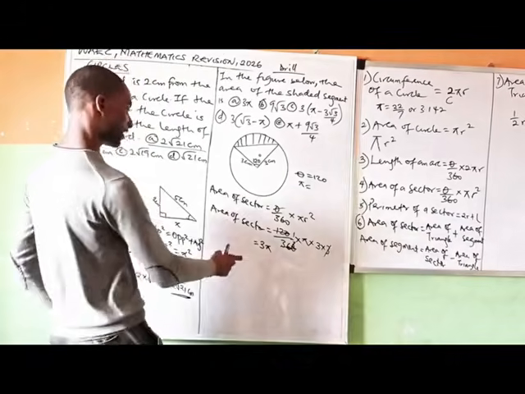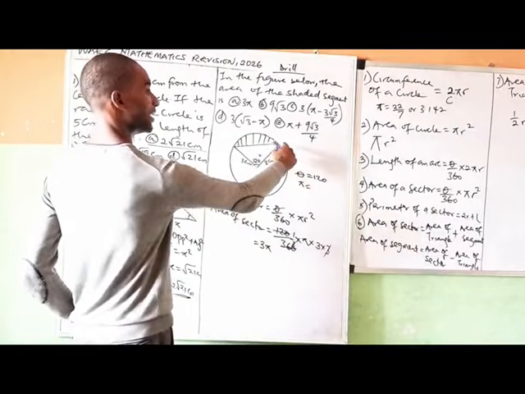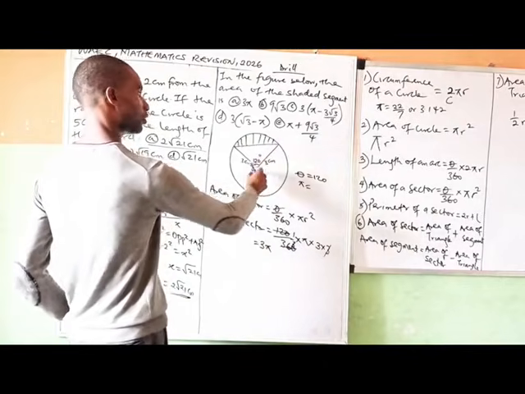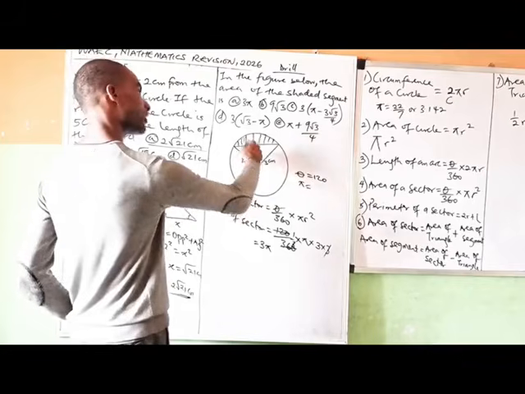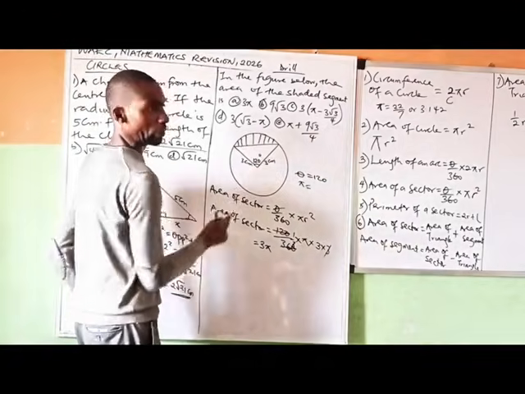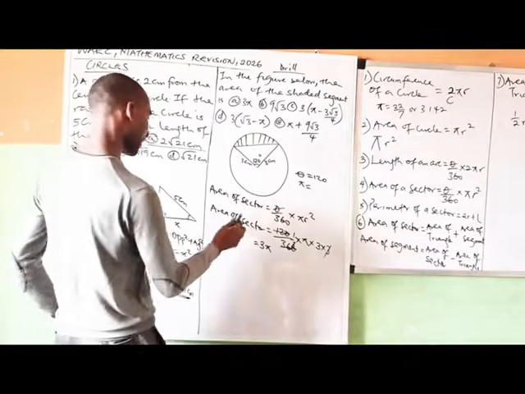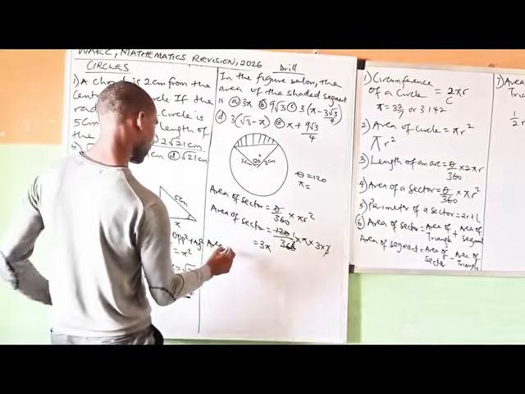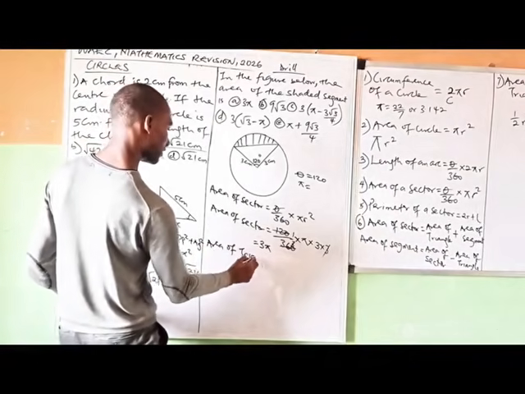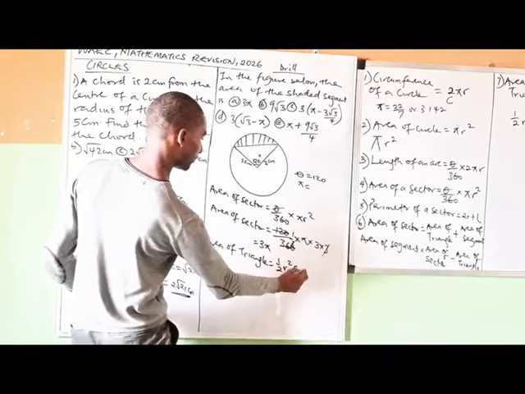Since we do not have the length of this chord, and we don't have the distance from here to this chord, let's use half r squared sine theta. So area of the triangle is half r squared sine theta.